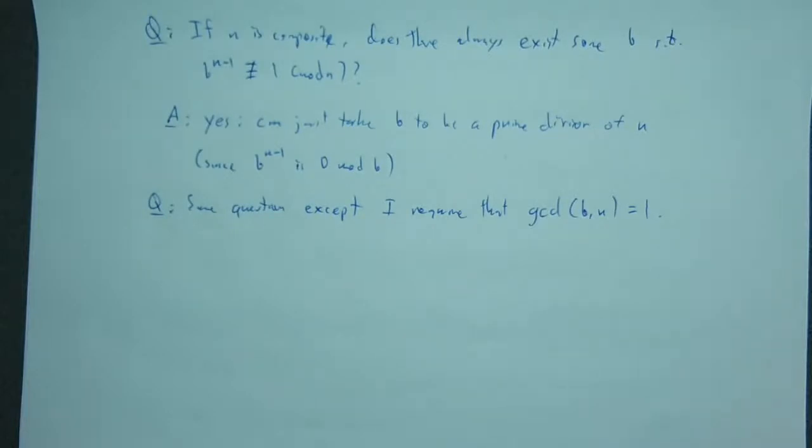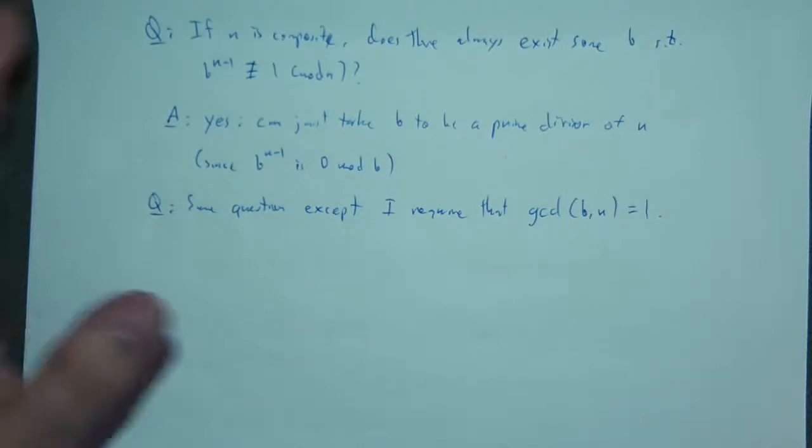The idea is that it would be very annoying if there exist a lot of numbers that pass the Fermat test for a lot of choices of b. So we are hoping that's not the case, because if it is, then this Fermat test is not going to be that great.